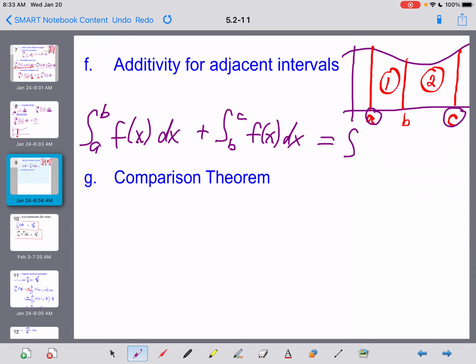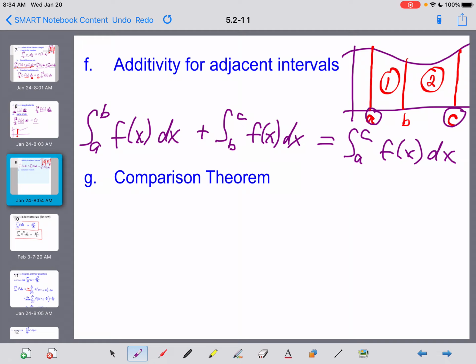So we could just make that the integral from a to c of the same function, f of x, taken with respect to x. And you can apply that property in either direction, guys. There's a reason that equal signs are symmetric. You can read them left to right or right to left. Various problems have different applications of that concept.